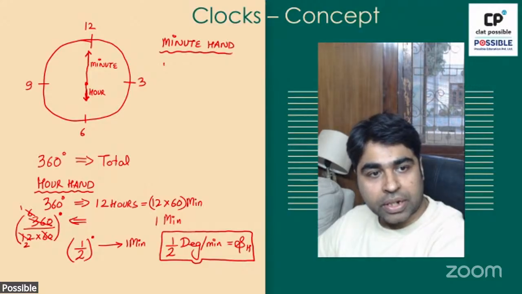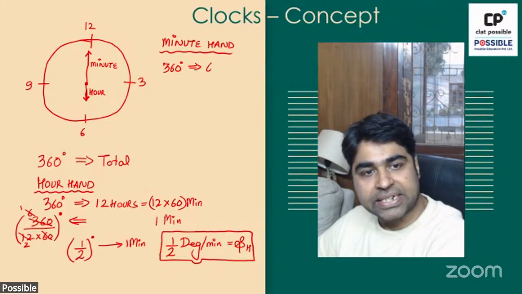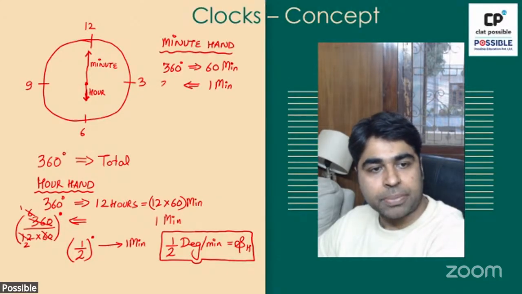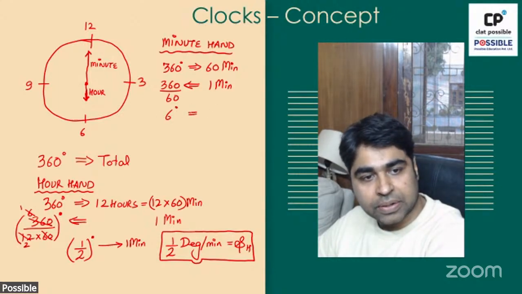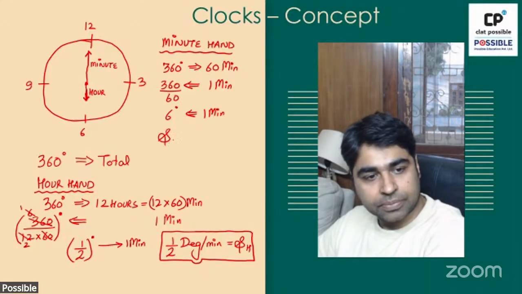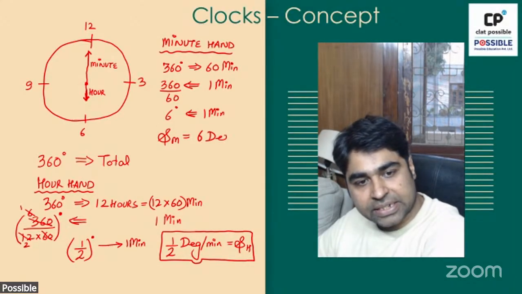So this 360 degree motion will happen in exactly 60 minutes. So in 1 minute, what will be the total movement done? It will be 360 upon 60, so that will be 6 degrees in 1 minute, which means the speed of the minute hand is 6 degrees per minute.